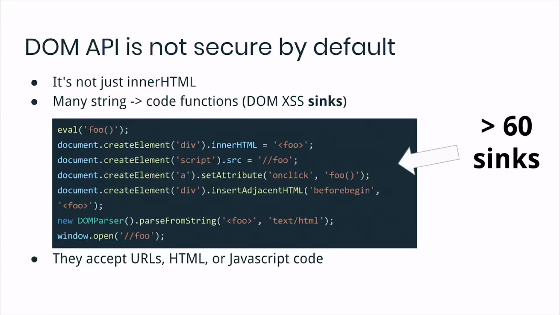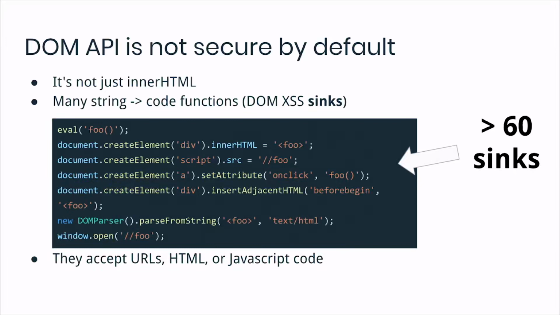The DOM API is, from a security perspective, a super terrible, badly designed mess. And you can see that very easily. Your very first JavaScript program probably will create a DOM XSS vulnerability as long as you process any user input. The thing is, I've already mentioned innerHTML being a DOM XSS sink.